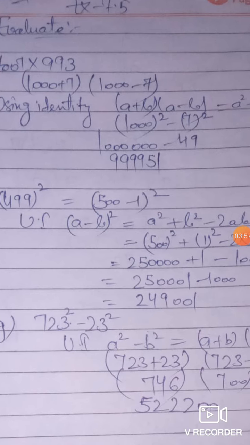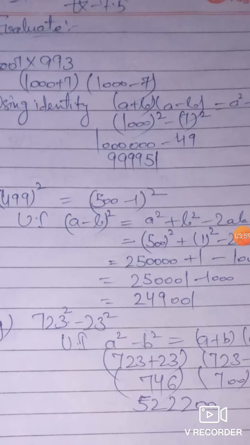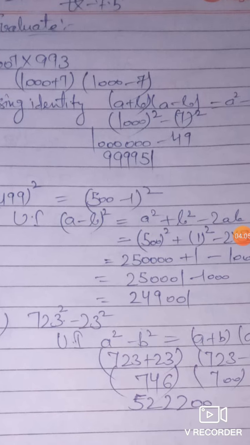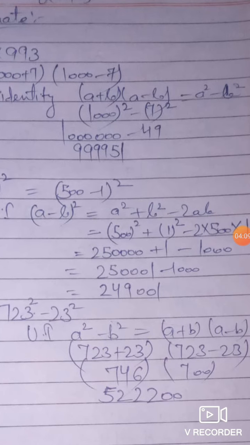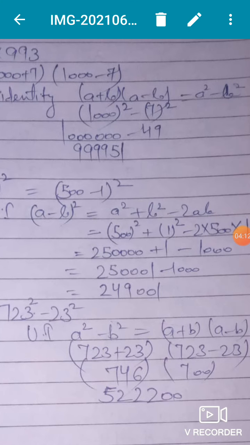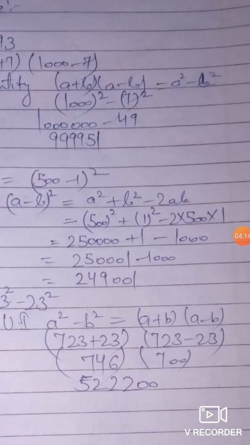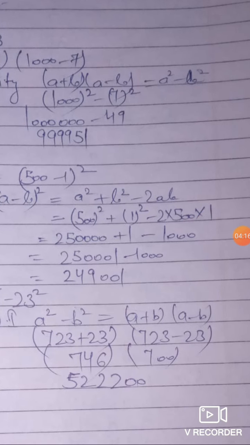That is a minus b whole square. This is the form, right? When a binomial has a minus sign between the terms and its whole square is taken, this is a minus b whole square. And the identity of a minus b whole square is a square plus b square minus 2ab. And for this particular sum, a and b are 500 and 1.